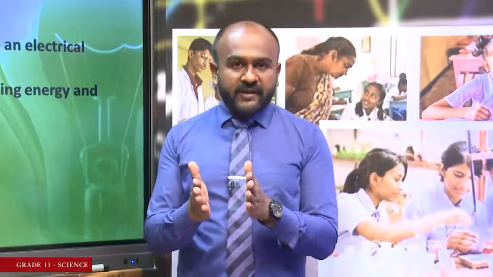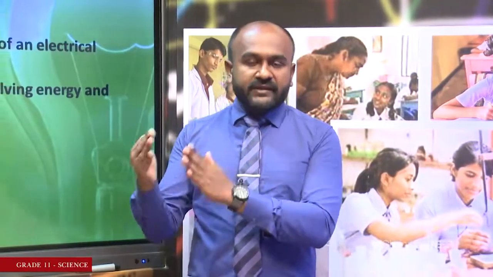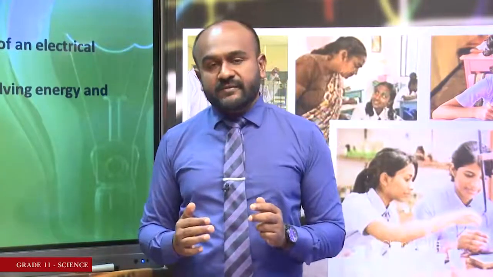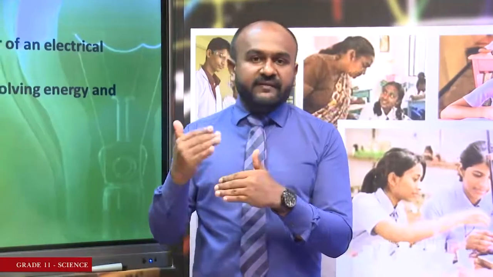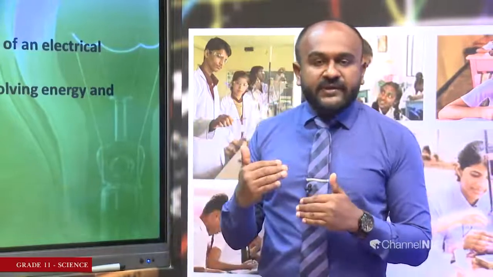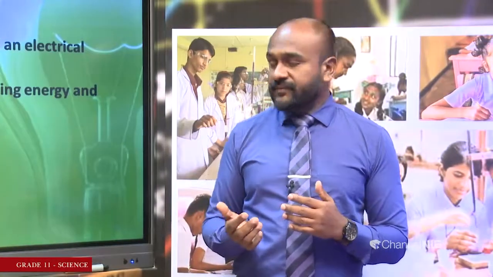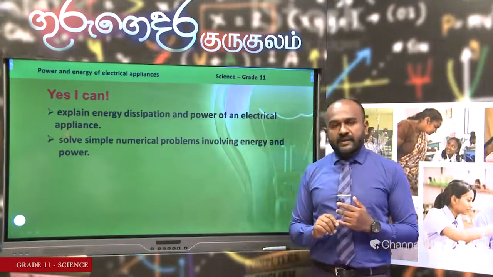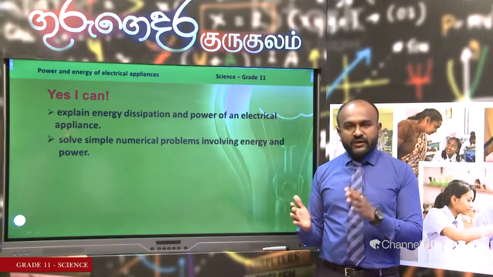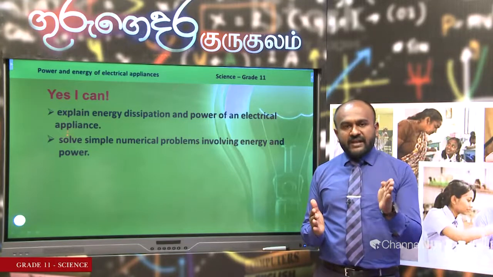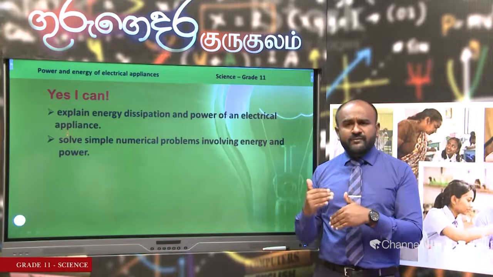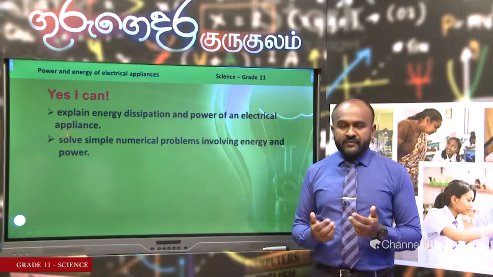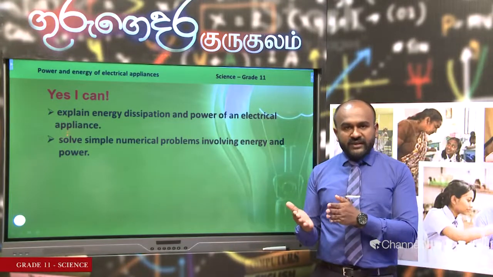So, if we multiply voltage by the current, we can get the power of the appliance. Simply, we can get the power of an appliance as a product of voltage and current. And energy, can you remember the energy? Yeah, energy equals power into time. So, we got one formula, E equals PT, and we modified this formula because we know P equals VI.